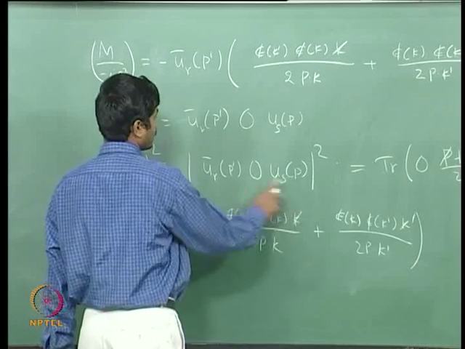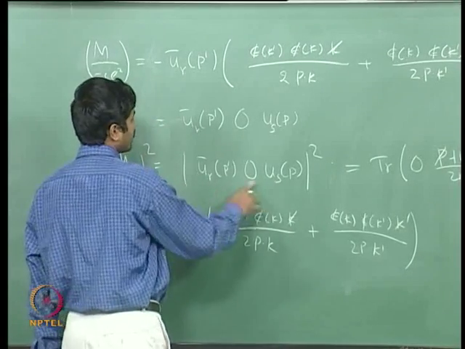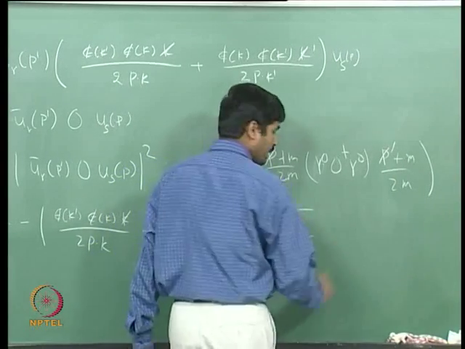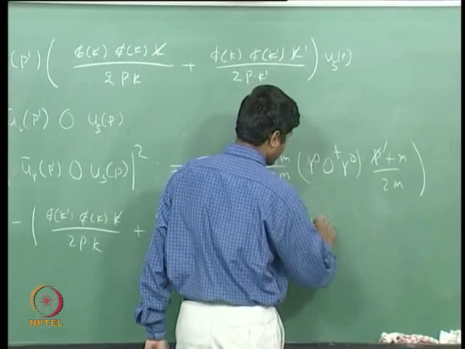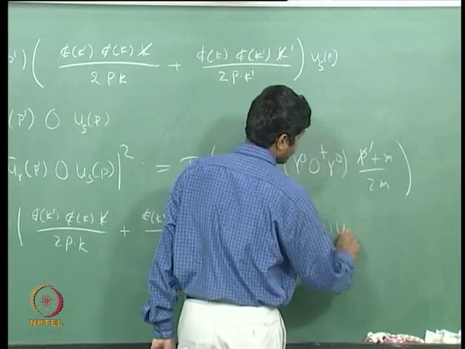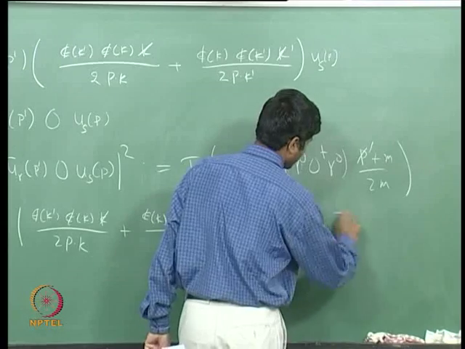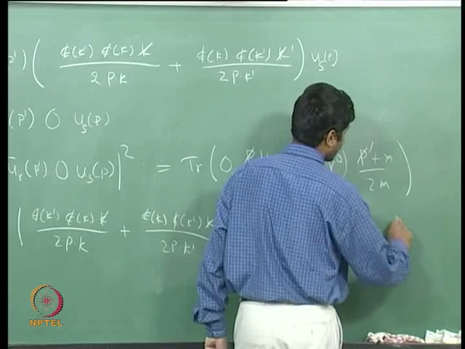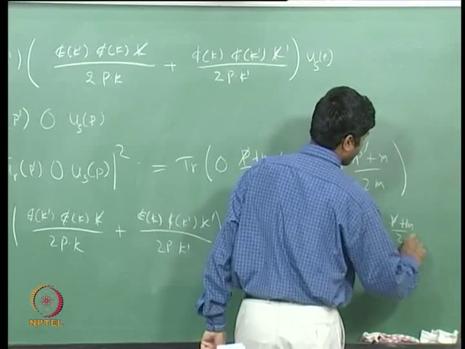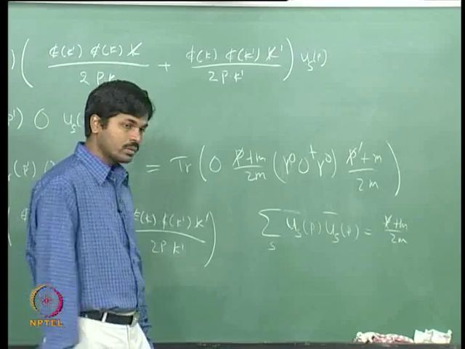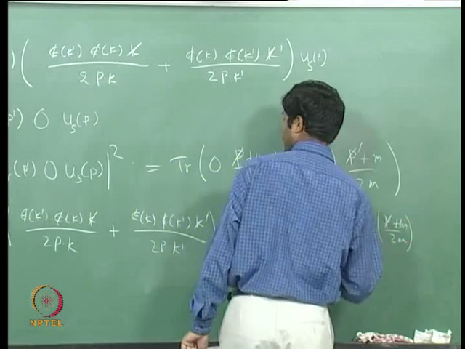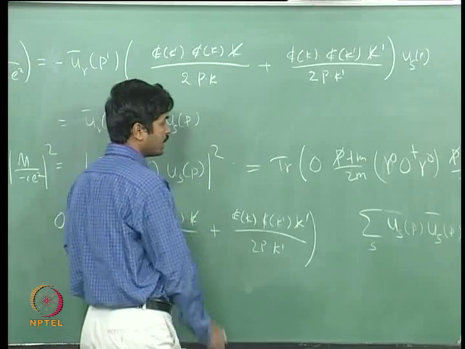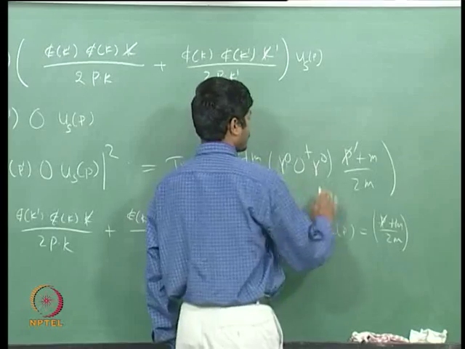You can see that something similar should come here, because you already know there is a mod square, and at the end of the day you will get expressions which involve u_s(p) u_s bar(p), summed over s, and we know this quantity is nothing but (p-slash plus m) over 2m. So we will use a similar relation twice, and then we will write the things properly. At the end of the day we will show that this is equal to this.